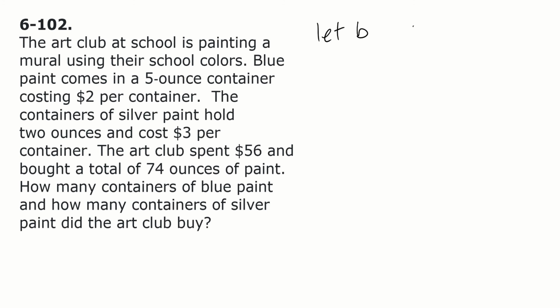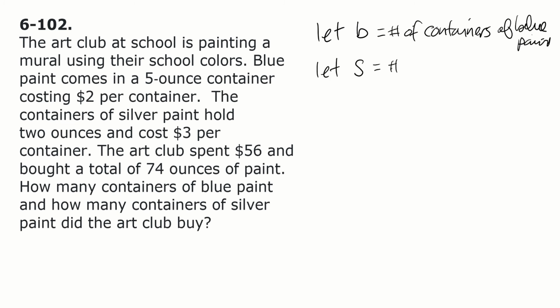So I'm going to say let b equal the number of containers of blue paint. And the other one is silver, so let s equal the number of containers of the silver paint.